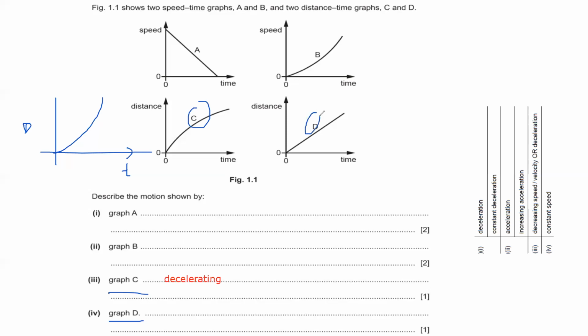This graph D. So it is moving with a constant speed. Again, I repeat, in the exam, don't say only constant. You should mention the term constant speed.